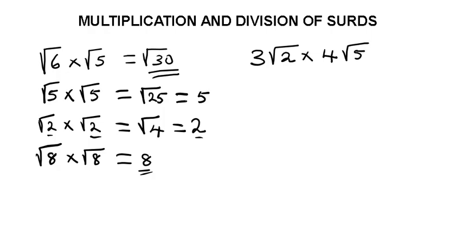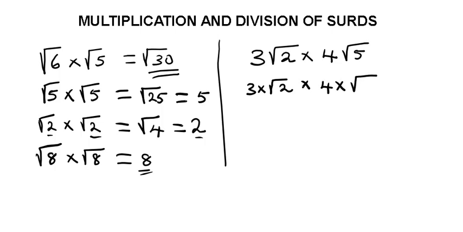So if you take a look at this, you will see that 3 root 2 is the same thing as 3 multiplied by root 2. Multiplied by 4 root 5 is the same thing as 4 multiplied by root 5. So what you are going to do is multiply out those ones that are outside the bracket, which is 3 multiplied by 4.